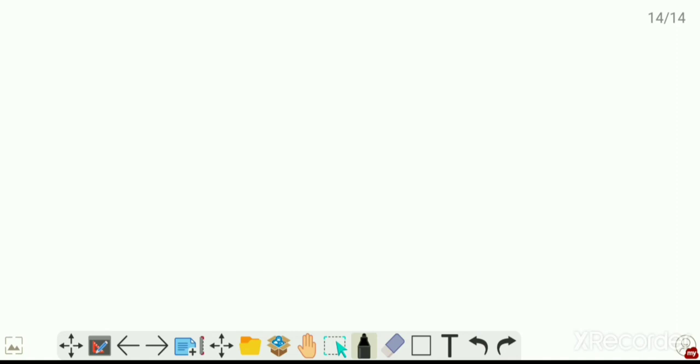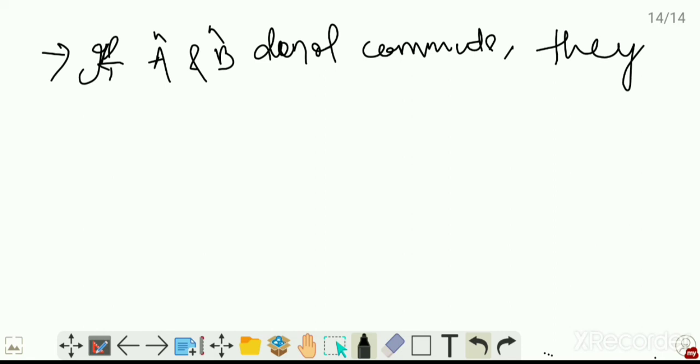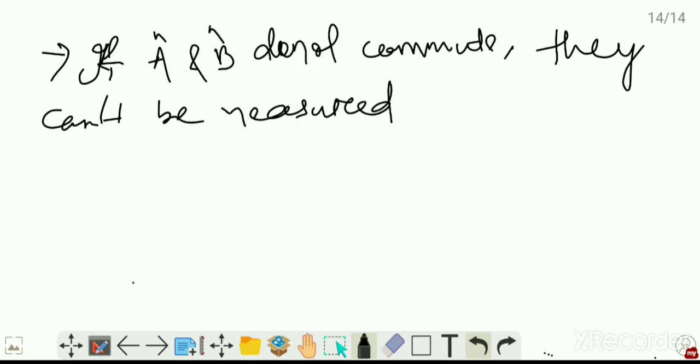If a cap and b cap do not commute, they cannot be measured simultaneously.